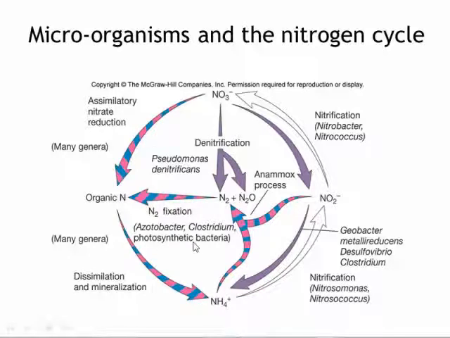Photosynthetic bacteria, cyanobacteria, perform nitrogen fixation. Not on the list here are the ones that are the most important for us. Where do you find nitrogen fixation that is very important for human beings?